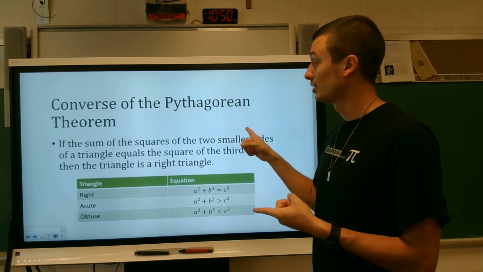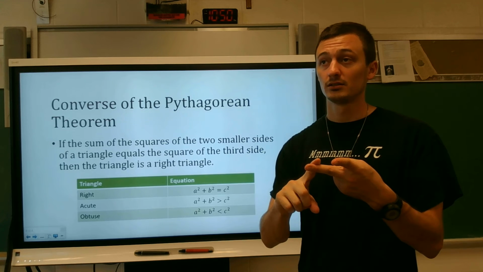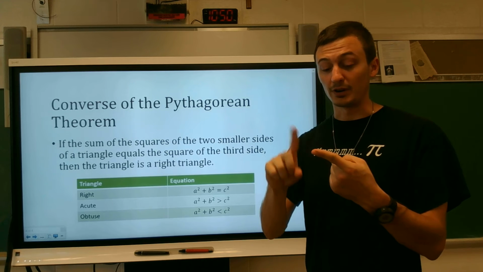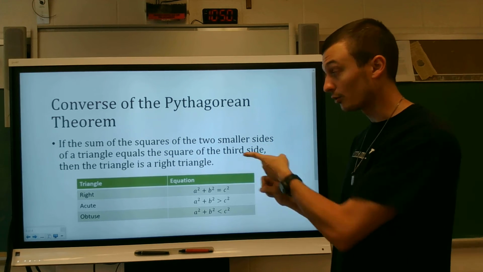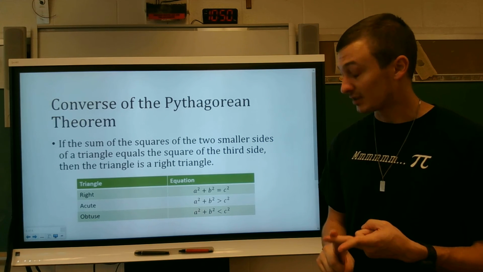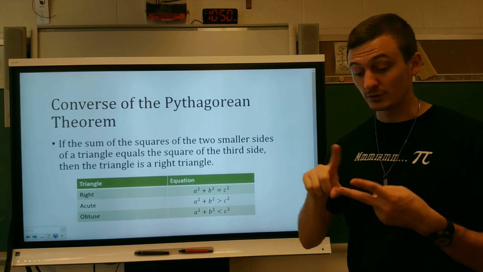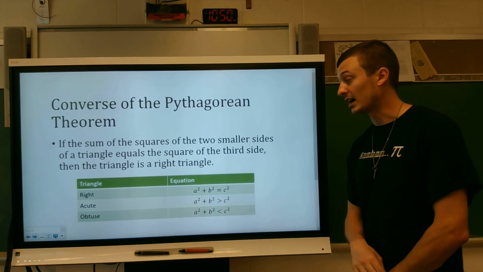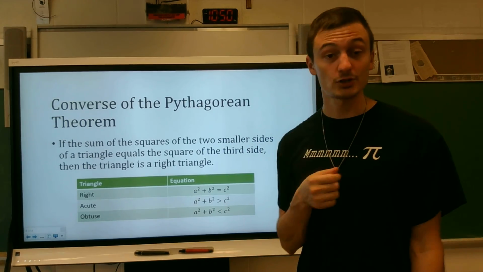If you have all three sides and you know they make a triangle, you can determine what type of triangle they make using all this information. If you have two sides and you're told that it's a right triangle, you can use the Pythagorean theorem to find the missing side. And there you go. There's that information.